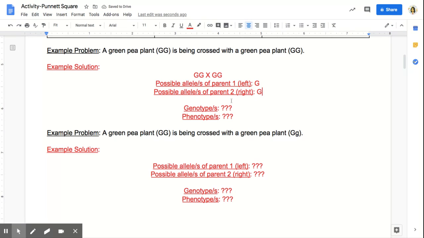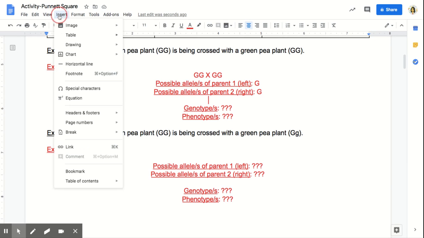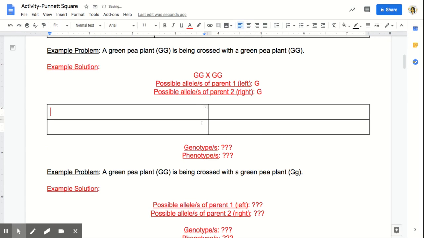So if we're going to make a Punnett square out of this, since there is only one type of allele for each parent, we're going to have a Punnett square which is 1 by 1, like this. This is called 1 by 1 because there's only one allele for parent 1 and one allele for parent 2.